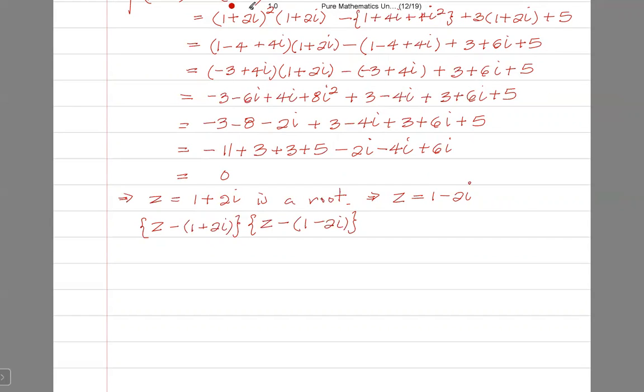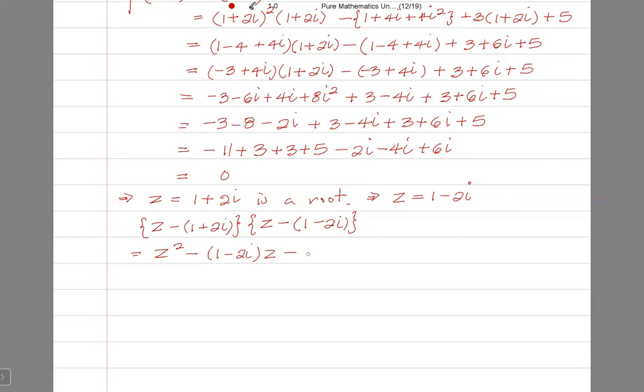Let's multiply them to get the quadratic factor. z by z gives me z squared, and z times the other gives me minus (1 minus 2i) z.